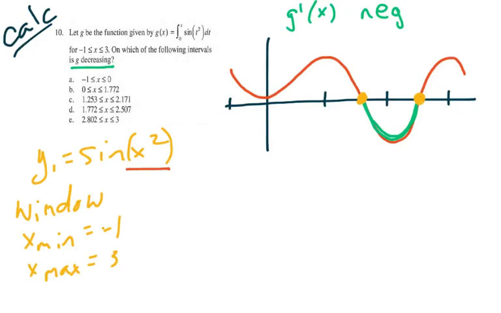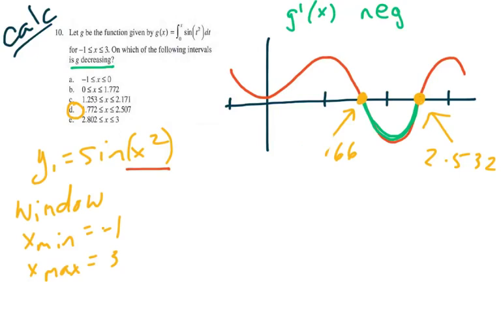If I move my cursor over without doing any calculations, I get about 1.766, which isn't actually any of the answer choices. And if I move my cursor over, this ends up being about 2.532. Again, not one of the answer choices, but the answers that are close enough are choice D. Those are going to be my actual answer choices.